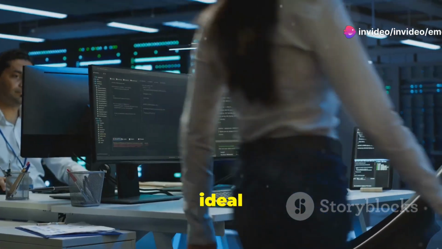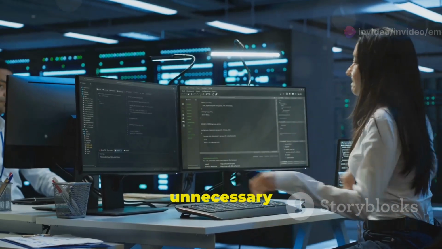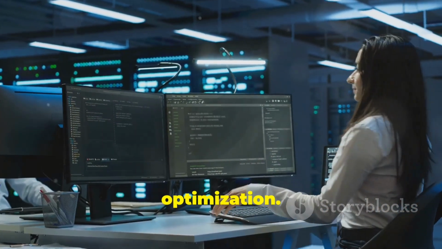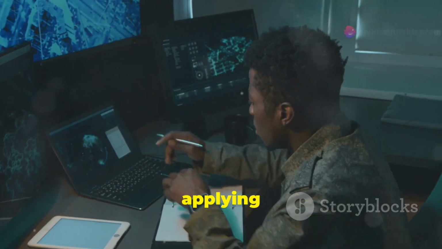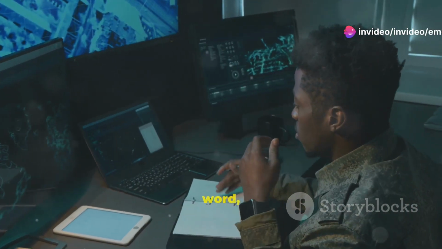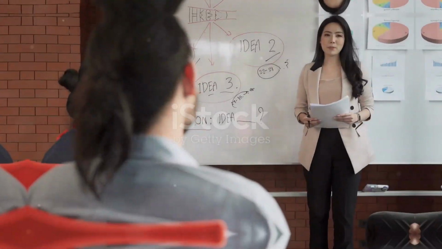Dynamic programming is ideal for problems with overlapping subproblems, where storing past results avoids unnecessary recomputation, like in navigation systems and network optimization. By understanding and applying these techniques, we can solve problems more efficiently, whether we're searching for a word, planning a route, or designing cutting-edge computer algorithms.